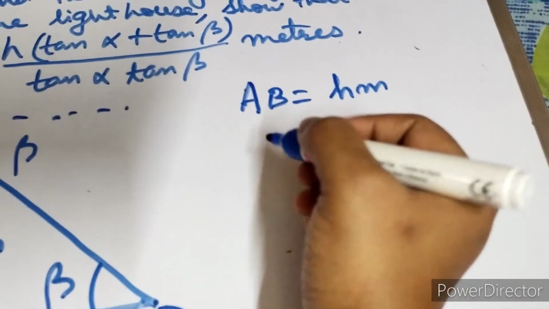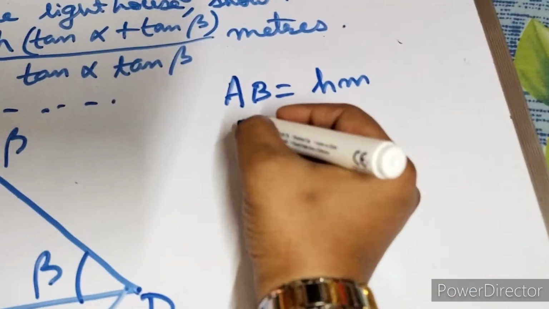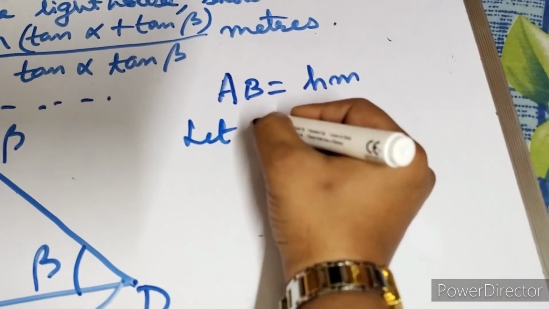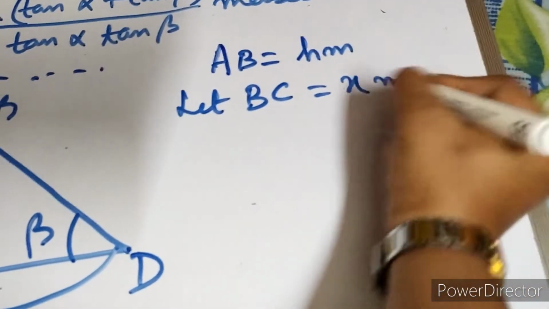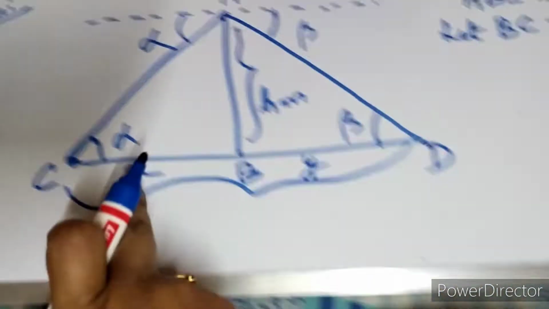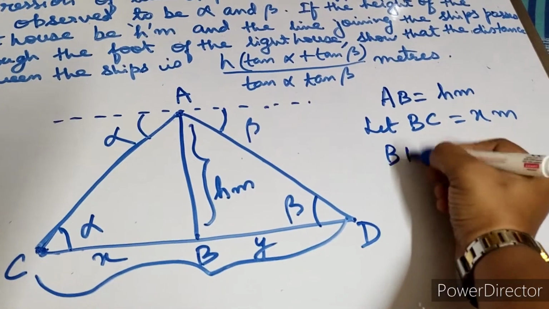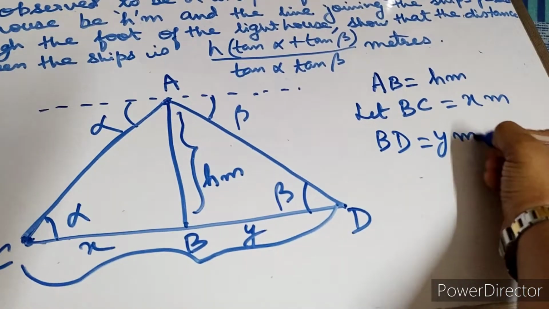Let BC equal x meter and BD equal y meter.